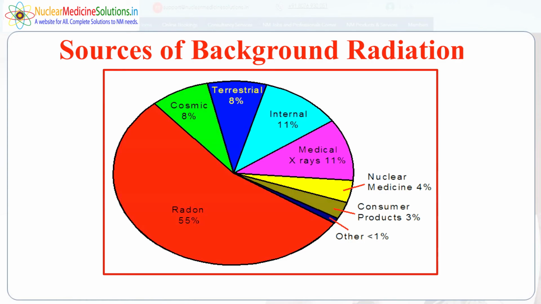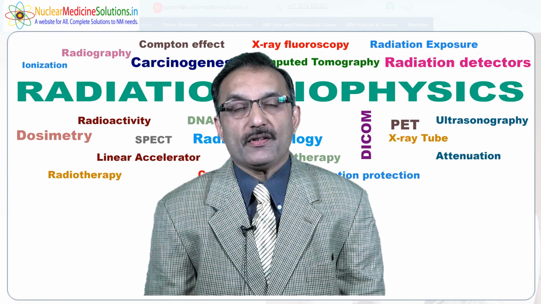Background radiation is radiation that has always been there, which you cannot reduce. But during applications, if we can use radioisotopes properly in a way that does not cause any harm, like nuclear medicine or consumer products, then it is very useful for the peaceful purpose of mankind.